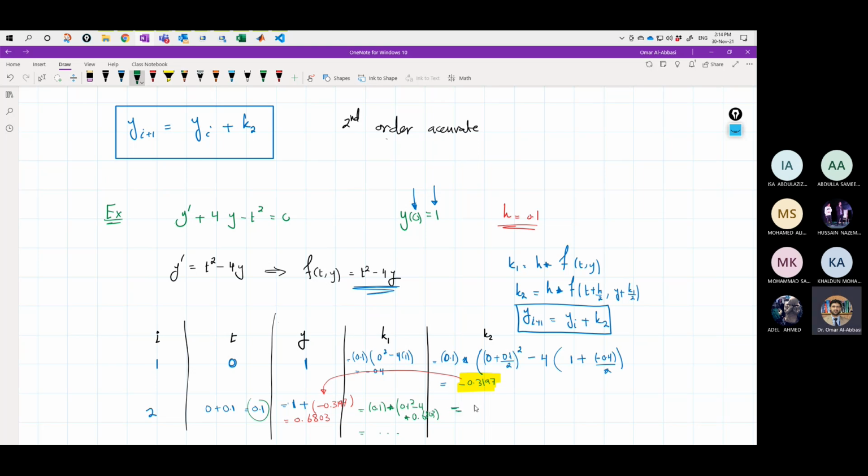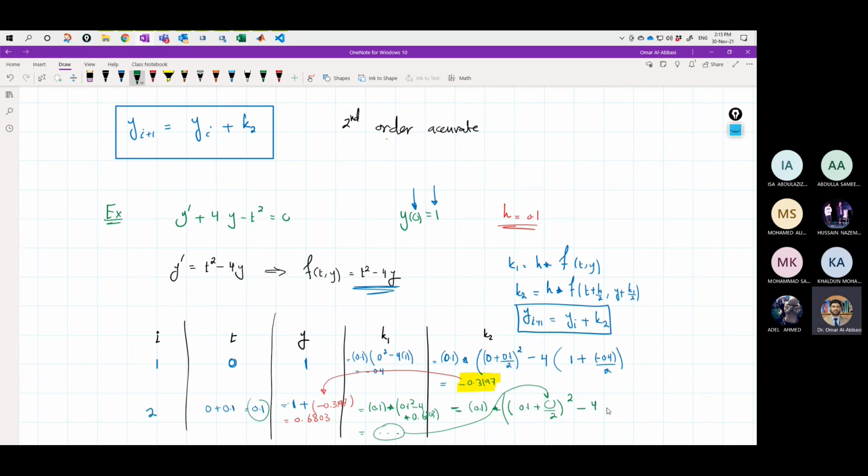Then K2 equals H, 0.1, multiplied by the function. What is the function? The function evaluated at T plus H over 2, which is 0.1, comma, Y plus K2 over 2, the whole thing is squared, correct?